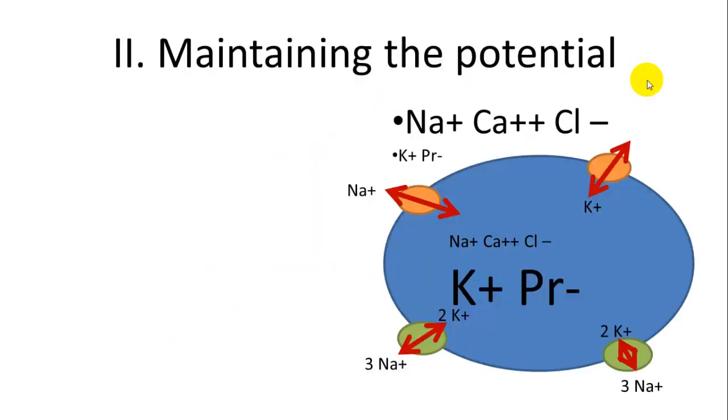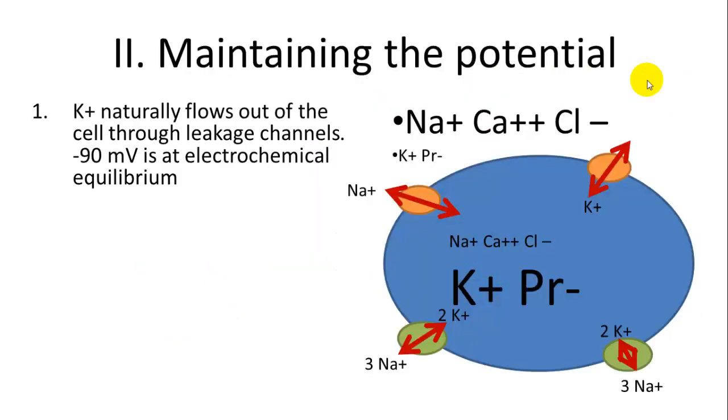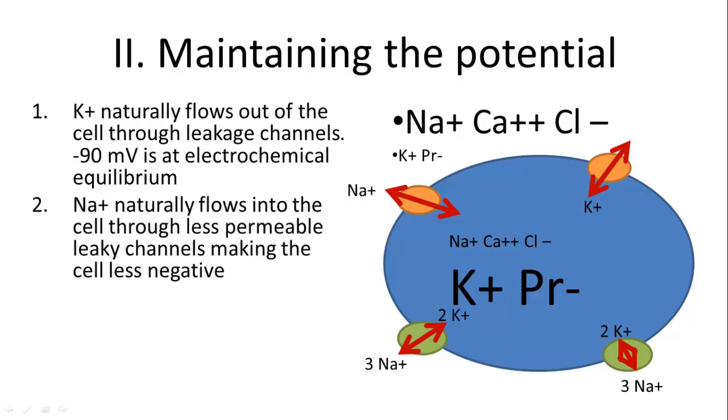Okay, so when we put this all together, this is how it works. Potassium naturally flows out of the cell with its concentration gradient, from greater to lower, through leaky channels. So channels that don't require ATP but are just open enough to where potassium can leak out. And that's going to create an electrochemical balance at about negative 90 millivolts. Millivolts are a measurement of charge.